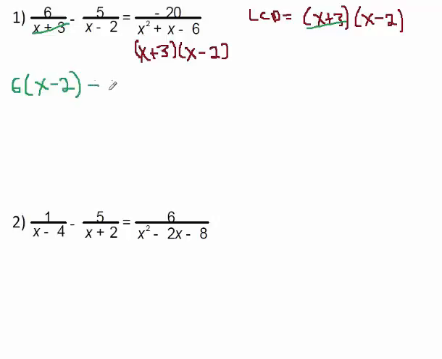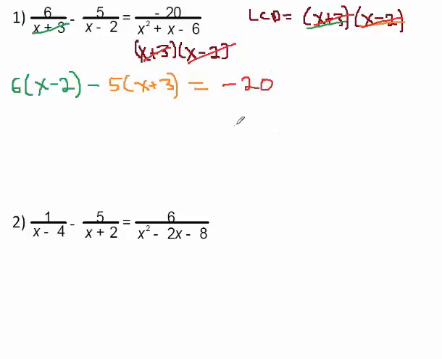The second term, and we'll use a different color: this time it's the x minus 2 that cancels with the x minus 2, and you're left with only the x plus 3. So it becomes 5 times x plus 3. On the other side, x plus 3 cancels with x plus 3, and x minus 2 cancels with x minus 2, and you're left with simply negative 20 on top.